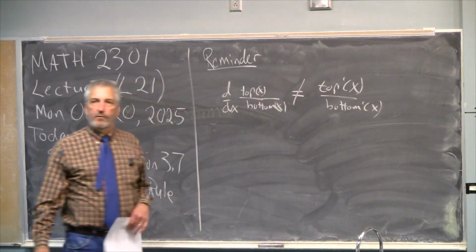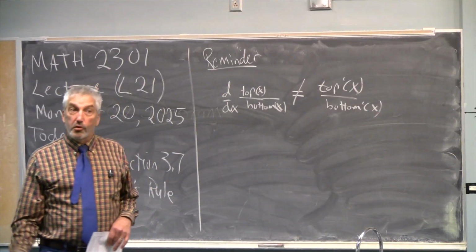So you don't find the derivative of a quotient that way. You use the quotient rule.